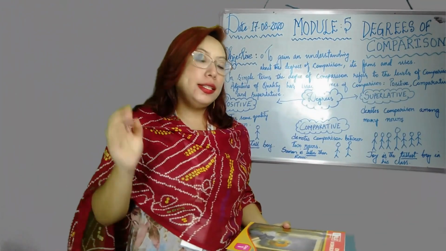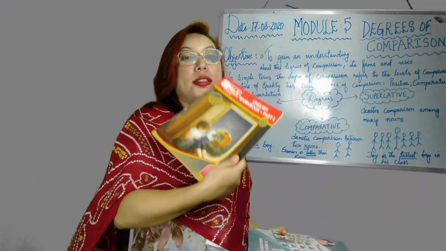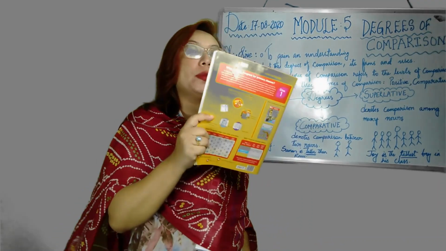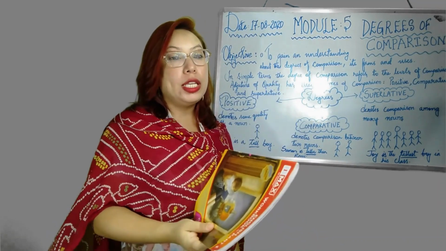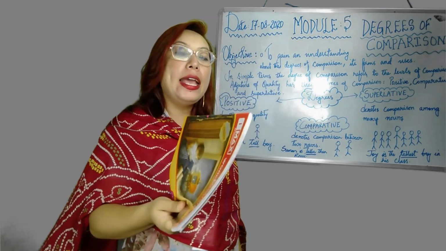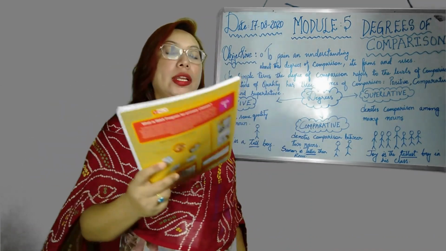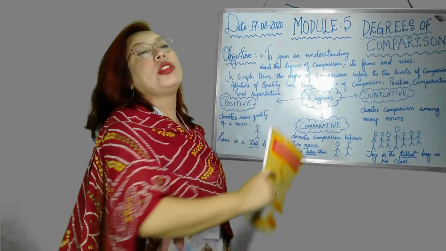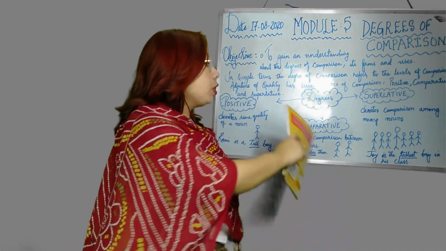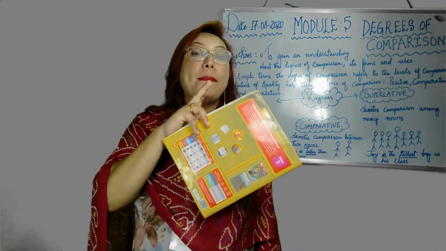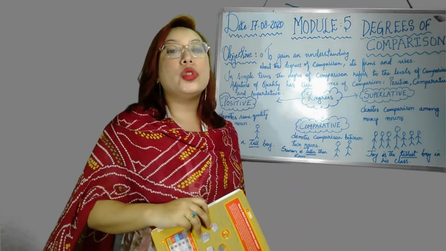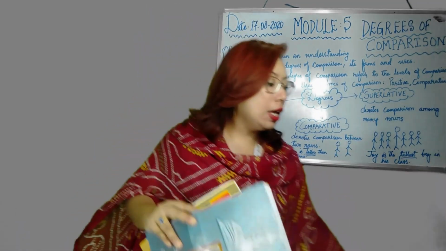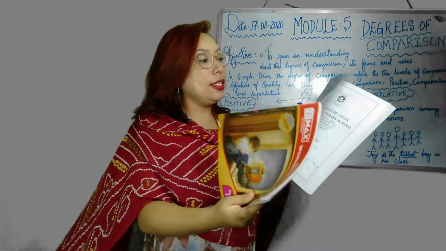Okay. For example, if I say this is a thick book, I'm stating the quality of this book, right? What kind of book it is? It's a thick book. But I am not comparing this book with any other book. This is called the positive degree. What about the comparative degree? When I compare two nouns together. For example, here I have another book. Then what can I say?